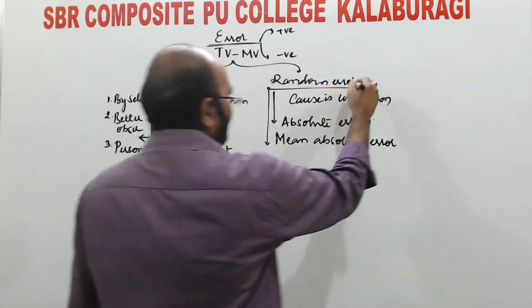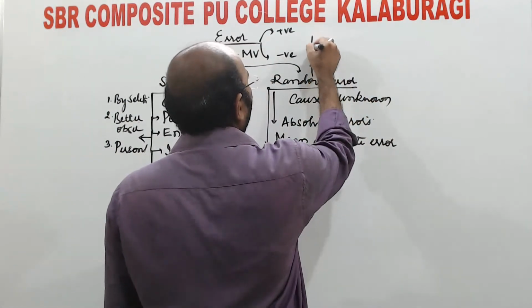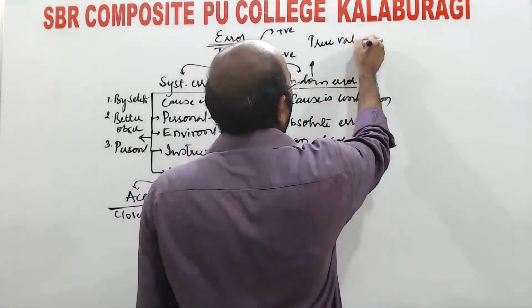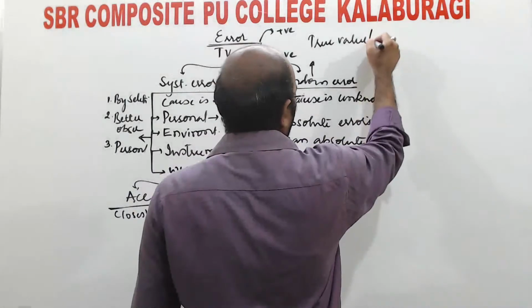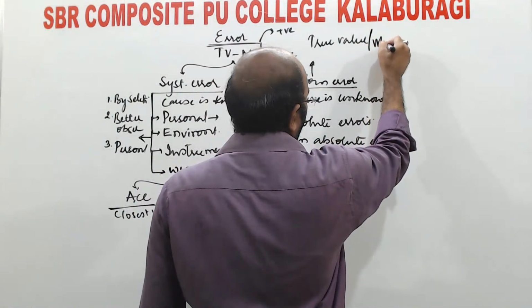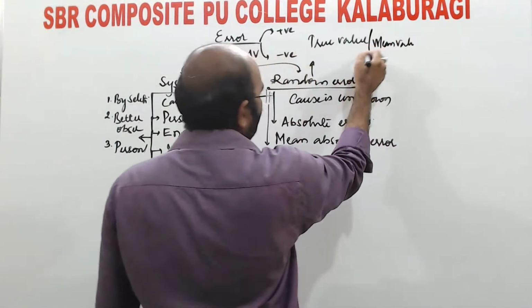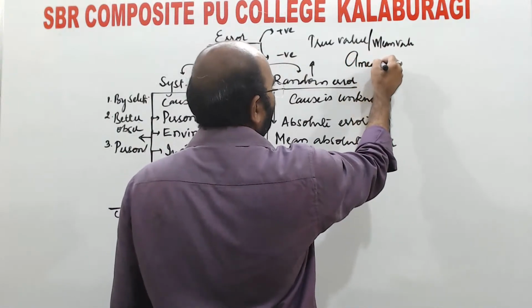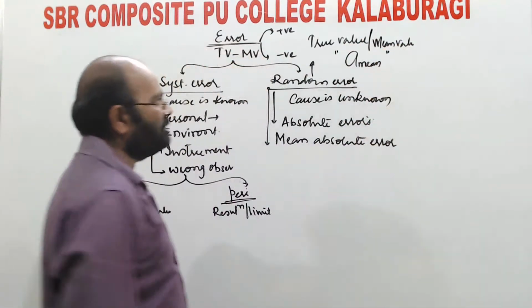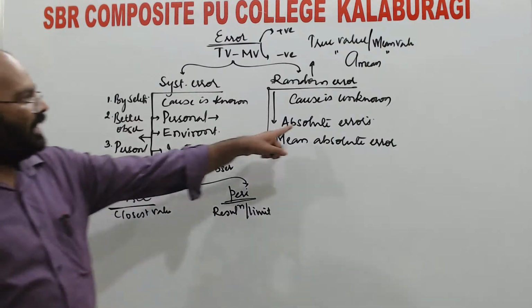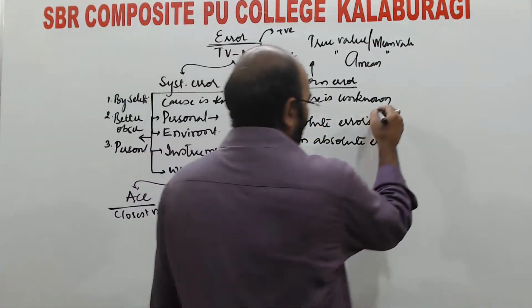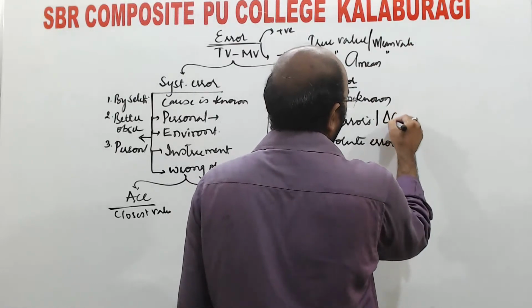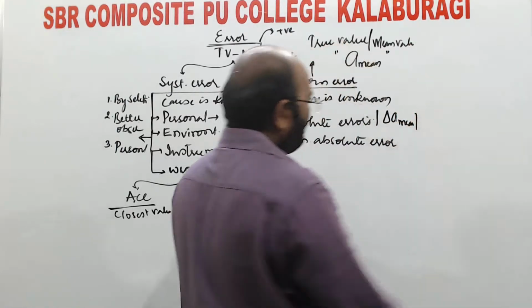And before that, we have the true value or mean value. It is denoted as A mean. Absolute error is denoted as modulus of delta A mean.